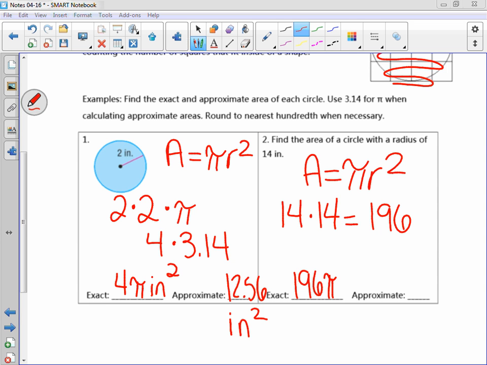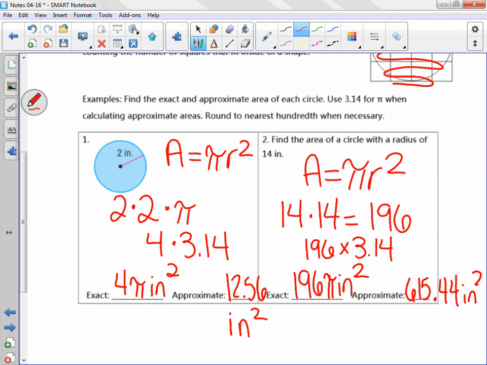All right, so 196 pi inches squared. When we are calculating the approximate, we actually have to multiply 196 times 3.14, and that gives us 615.44 inches squared.